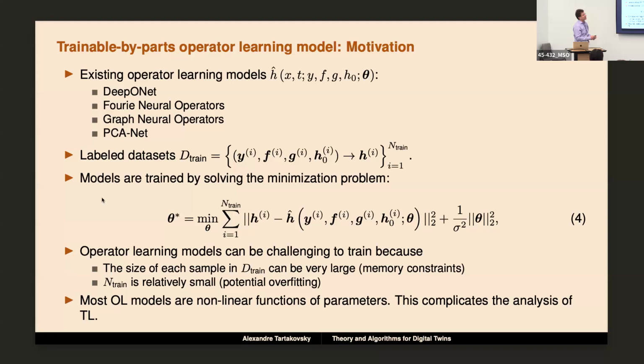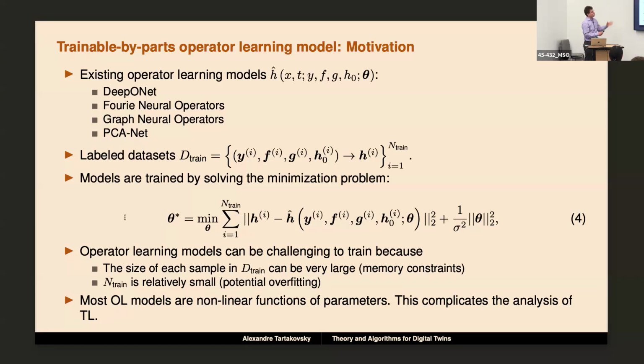Another problem is that the bigger our model is, the fewer samples we usually have to train our digital twin, because it takes more time to generate each sample. And because n train is usually going to be relatively small, we face a potential overfitting problem.